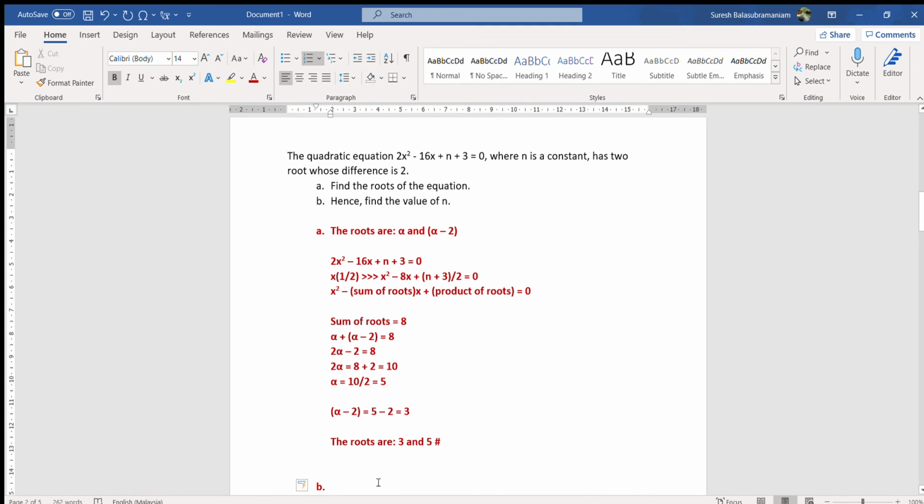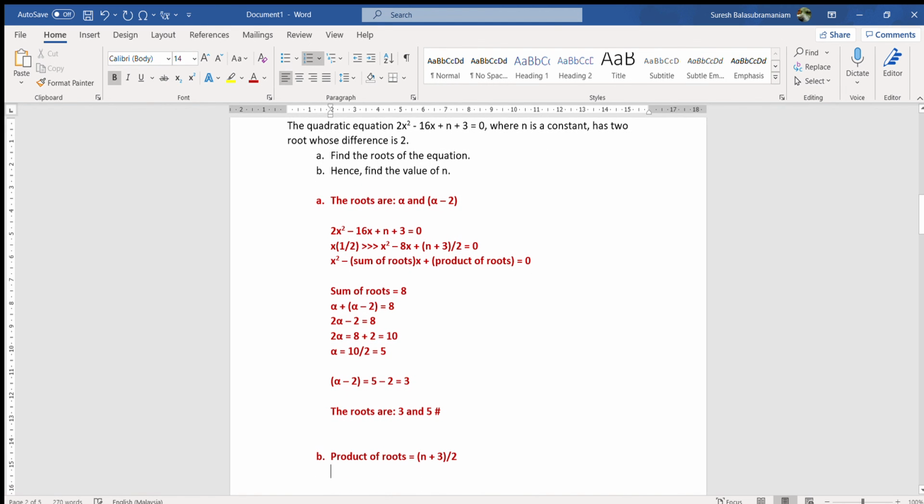Product of roots equals (n plus 3) over 2. The product of roots is the multiplication of roots, and my roots are alpha and alpha minus 2, so alpha times (alpha minus 2) equals (n plus 3) over 2.